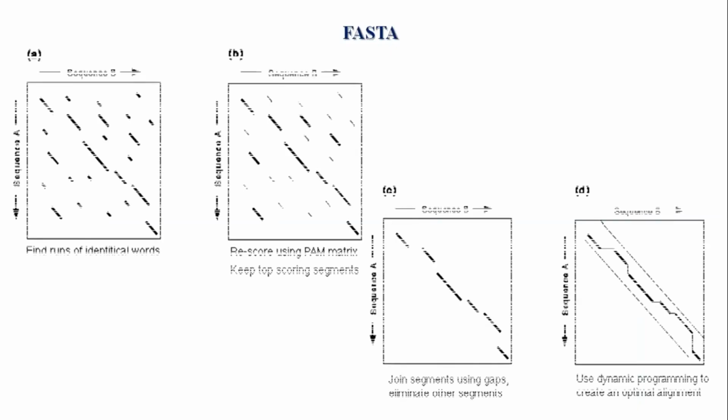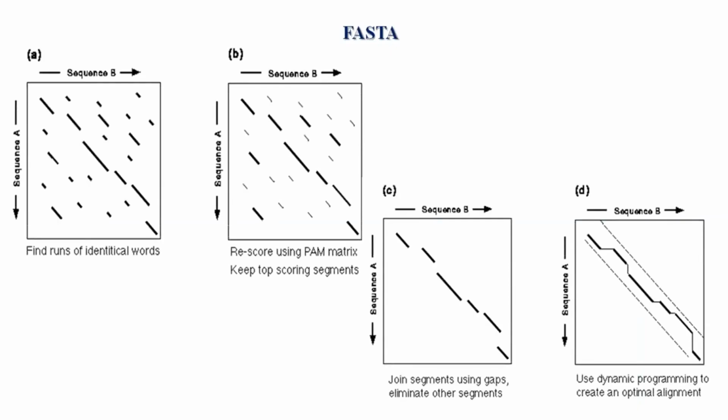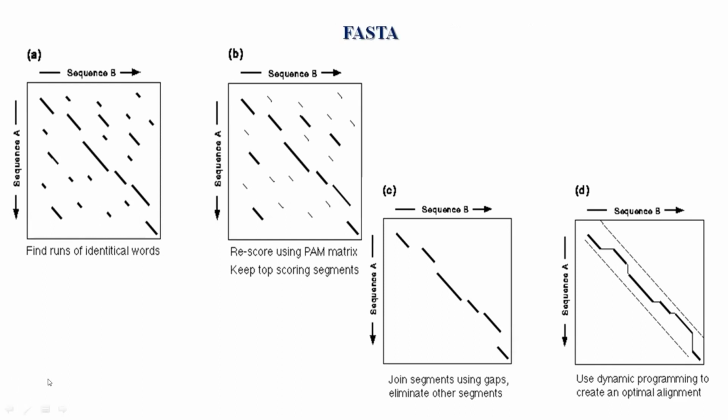If you are giving the sequence, our target sequence of interest, we are supposed to generate the model. For example, consider sequence A. When we give our sequence in the FASTA tool, we'll have one window.